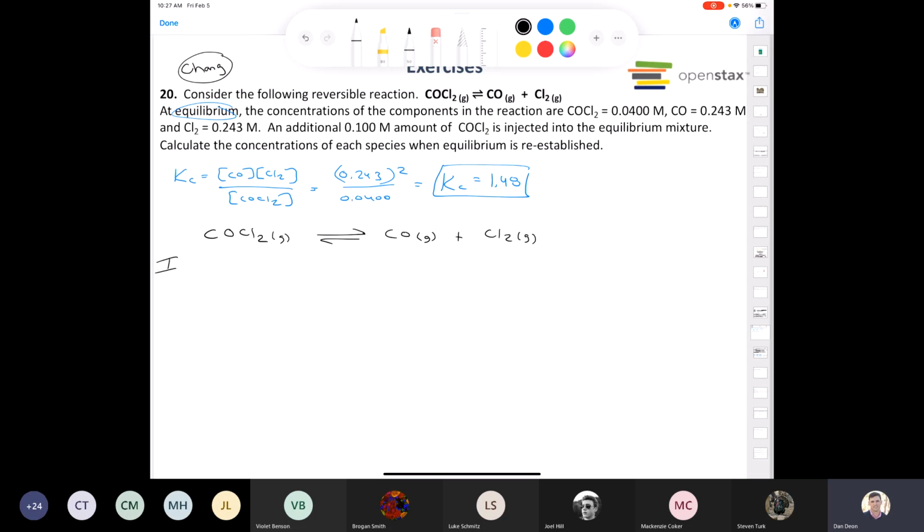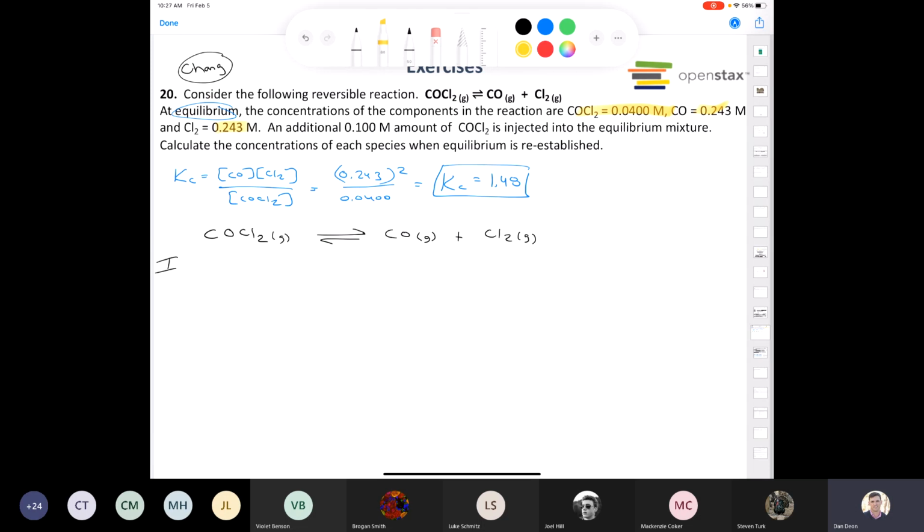Now this is where reading the problem carefully is really important. So remember, at equilibrium, we have the three concentrations, the phosgene, the carbon monoxide, and the chlorine. But it's saying that those are equilibrium, and that's great. You used that data just to calculate the Kc.